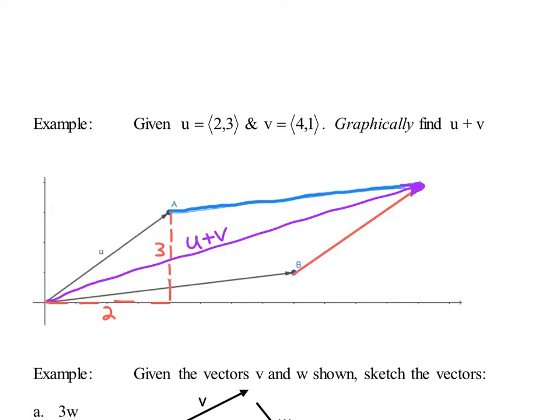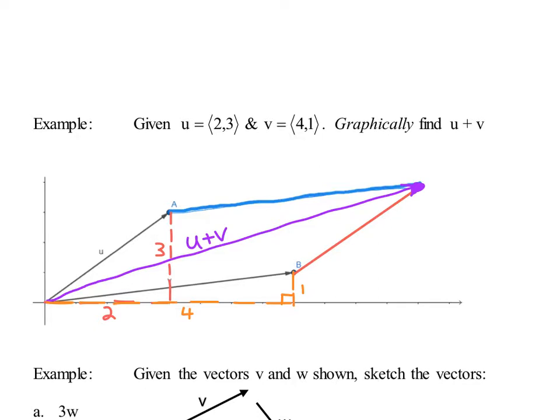So I'll just mark up this part of it also. That's not going to look nice. I'm going to go orange. I know, it's shocking. So this is 4 and 1.